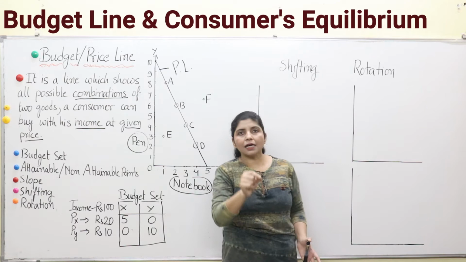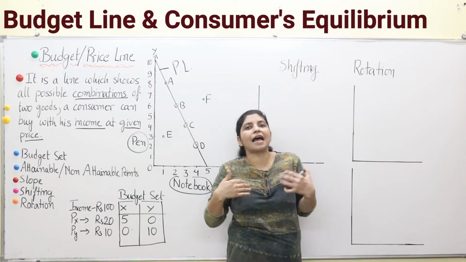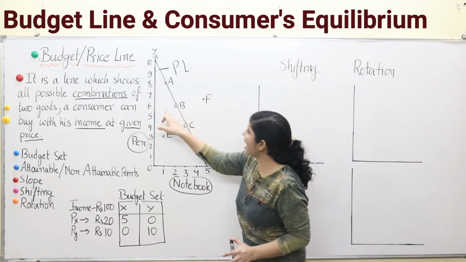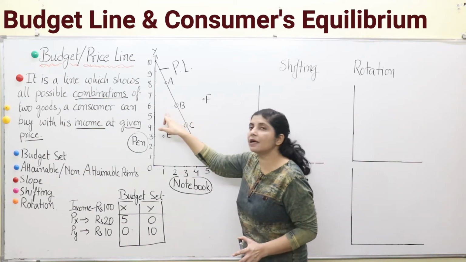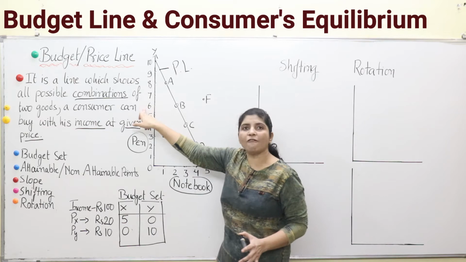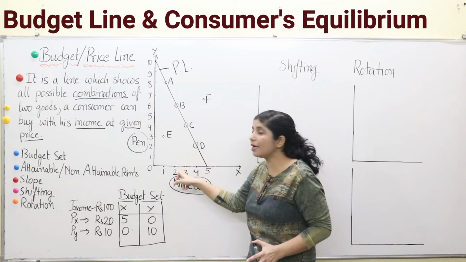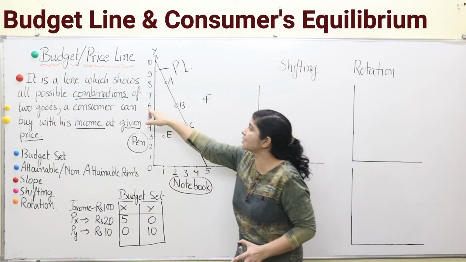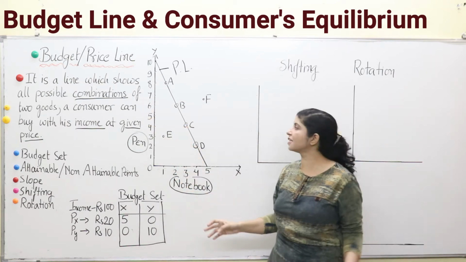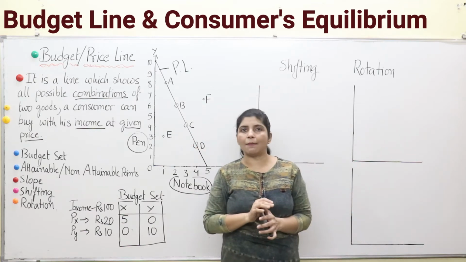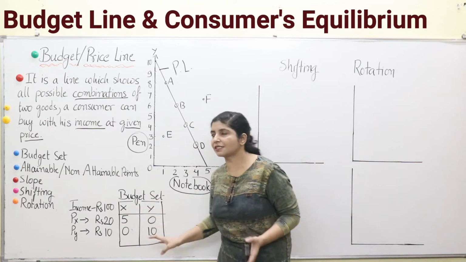There is one other assumption, that he spends his entire amount on the purchase of these two commodities. Then we have combination B, where he purchases 6 units of pen and 2 units of notebook. That means 2 into 20, that's 40 rupees, and 60 rupees, so again 100 rupees are spent. In the same manner we have the C and D combinations, in which the entire amount is spent. So this is his budget set.